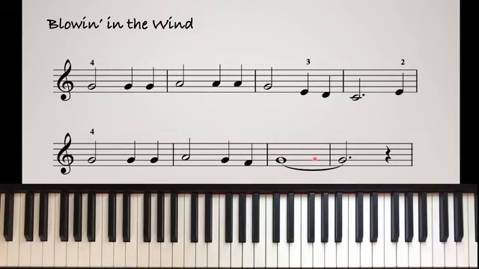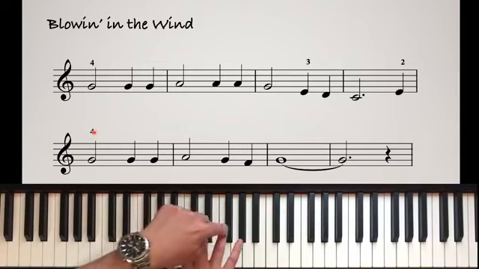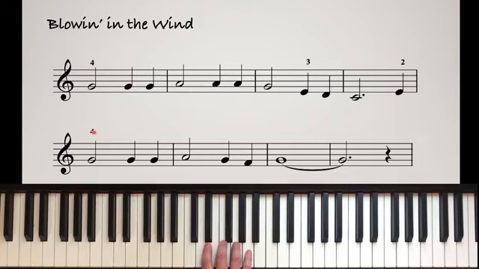Now, if I play this line, I'm going to start from here. In fact, you can play along with me if you like. Notice how we've got to play G, and it's a 2-beat note. And this number here refers to our finger number. So I need to use 1, 2, 3, 4. I'm going to put 4 on G to play this. And we're going to play G, G, G, A, G, F, G. Let's do that again.